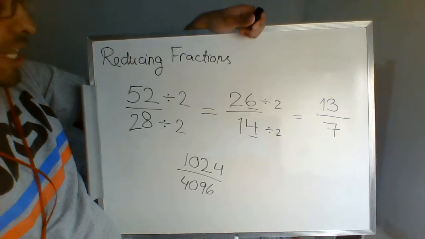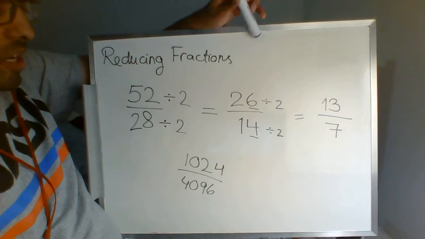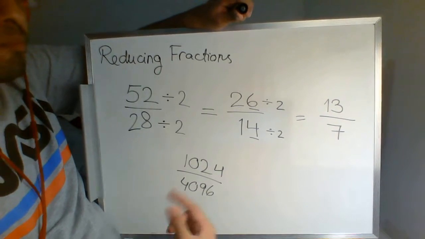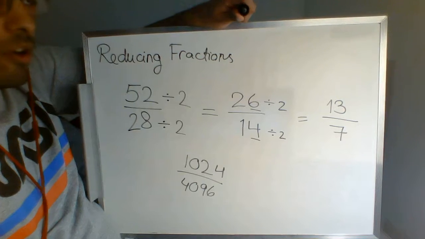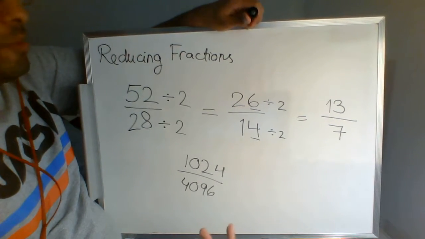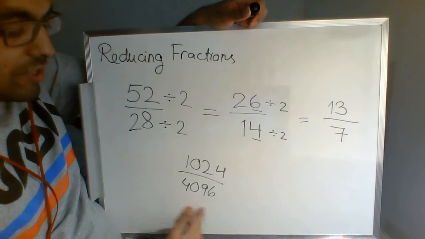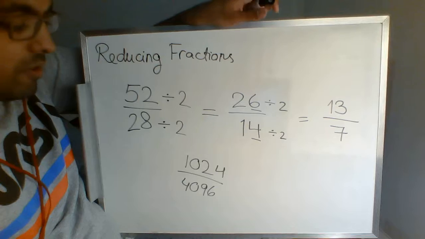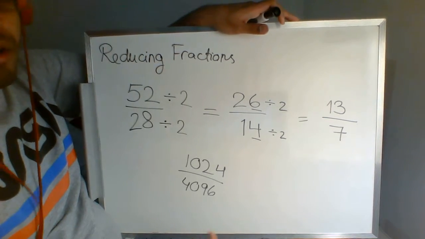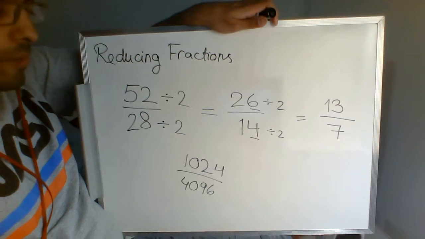You can reduce that down to 1 over 4 if you try. But if you're going to do it by just dividing them by 2 or dividing them by 4 over and over again, you're going to be there for a while, and you're going to be doing lots of division. And if you can't do that division in your head of 4096 divided by 2 or divided by 4, you're going to be doing a lot of long division on the side of your page just to get an answer of 1/4.